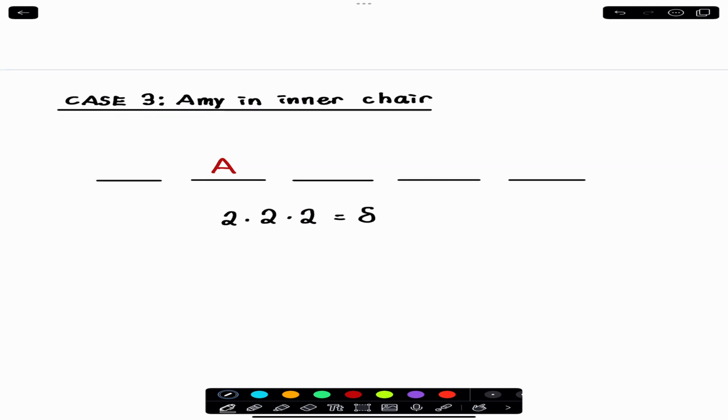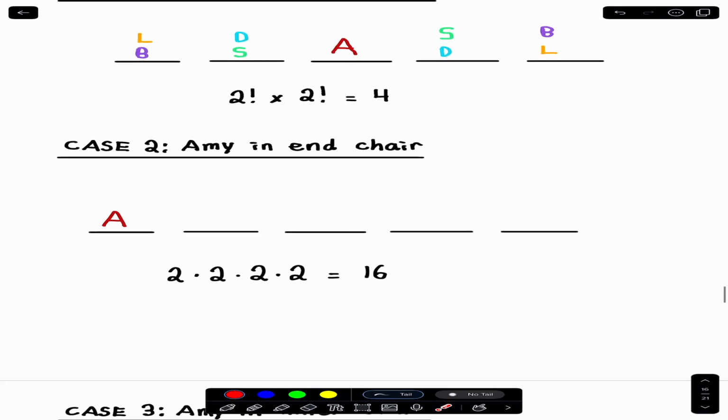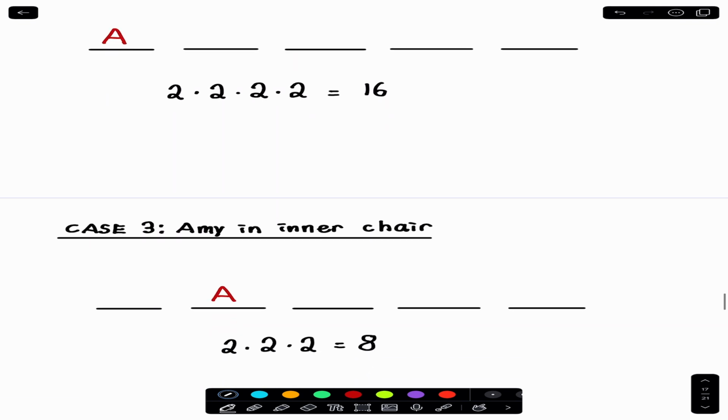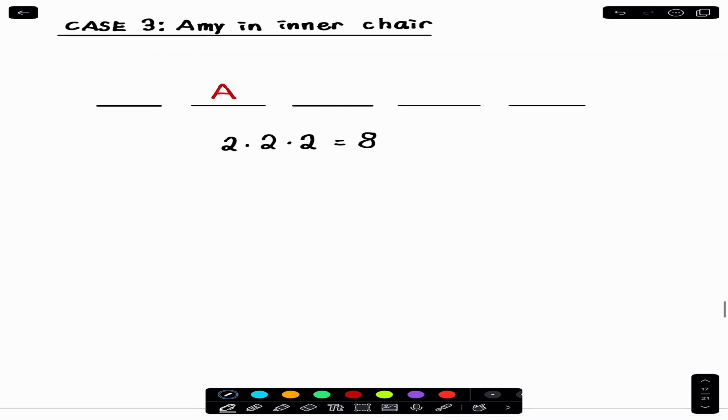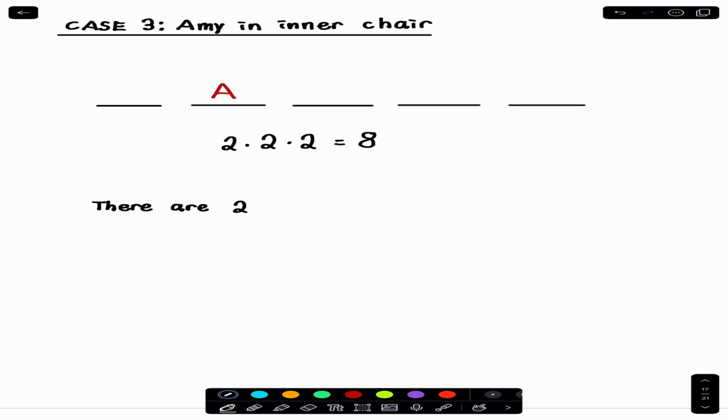So in the end, there are 8 possible ways for this case. And because we have gotten all cases, so we've covered every single type of chair, whether it's the middle, the end, or the inner, I feel pretty confident that we got them all. This means that there are a total of, let's see, 4 plus 16 plus 8 is 28.